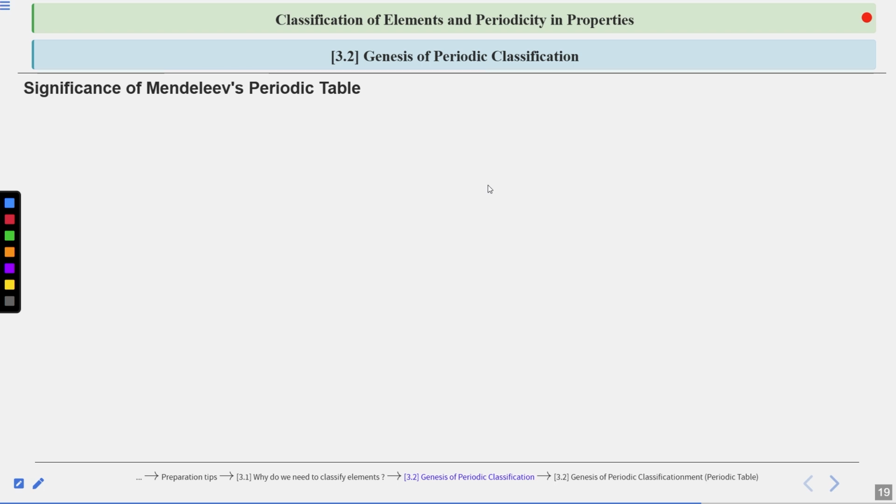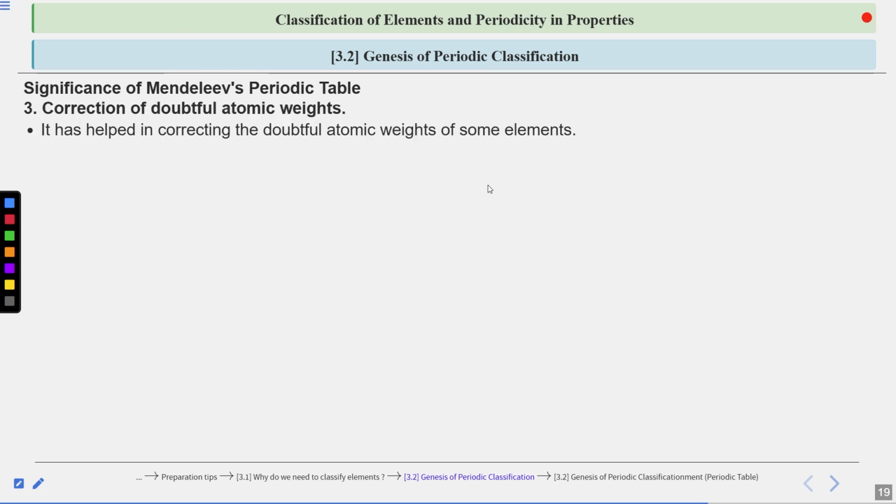Then what is the third significance? The third significance was that he said that I am not able to arrange the given elements in the order of the atomic weight because their atomic weight would have been calculated incorrectly, or it is just a calculational mistake. And this prediction helped in correcting the doubtful atomic weights of many elements.